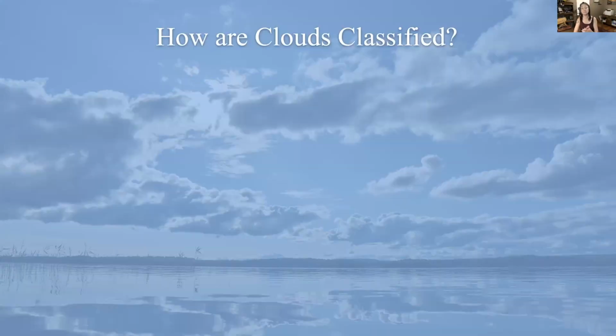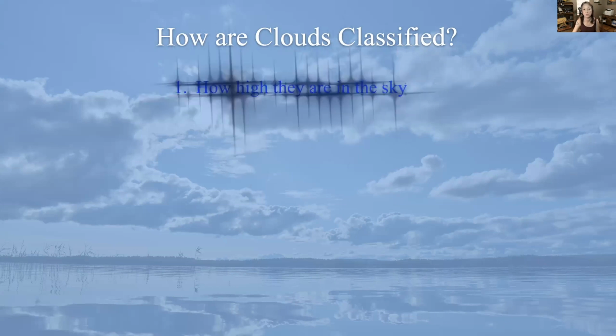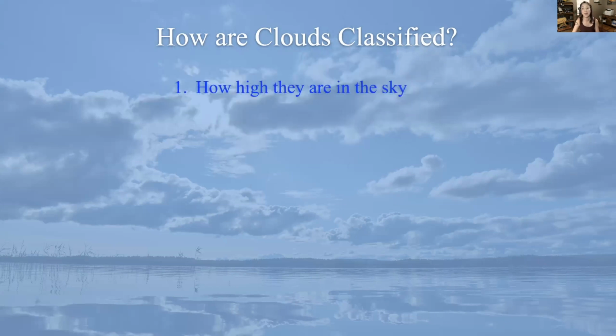Okay, and then there's actually only 4 ways, basically, that clouds are classified. So you can get the high level cloud types in just 4 basic steps. The first way clouds are classified is how high they are in the sky, the low, mid, high.